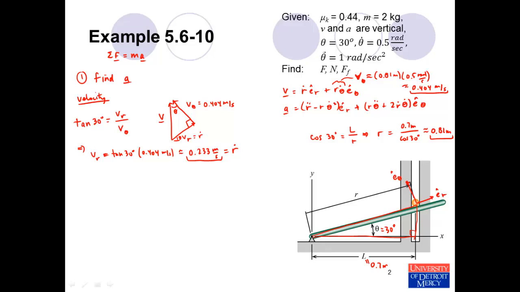Once we have that, we can move on to the acceleration, which is ultimately what we need in order to find the forces we're asked to determine. Looking at what we have, we now have enough information to determine the transverse component of the acceleration. We know r, theta double dot, r dot, and theta dot.